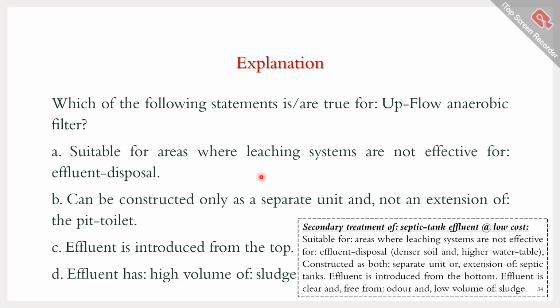Constructed as both a separate unit or an extension of septic tanks, where effluent is introduced from the bottom. Effluent is clear and free from odor and low volume of sludge. Hence, option A is the correct answer. Upflow anaerobic filters are suitable for areas where leaching systems are not effective for effluent disposal.